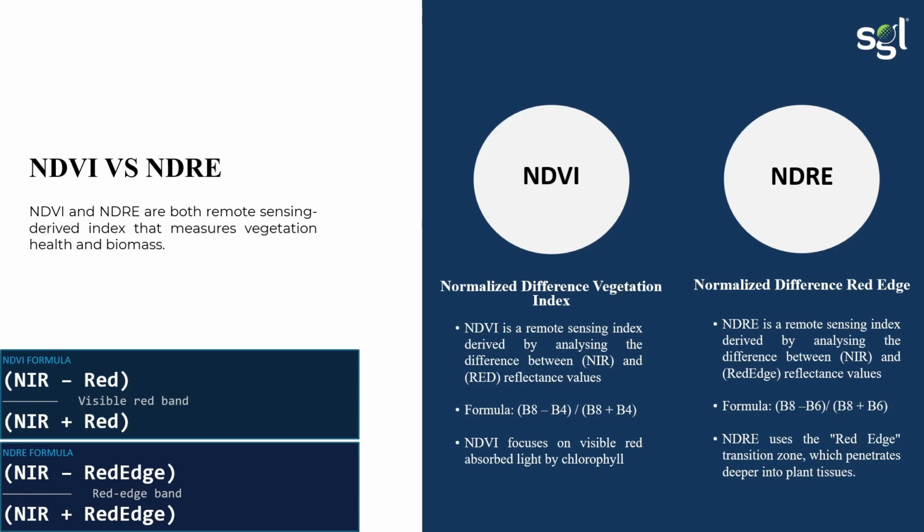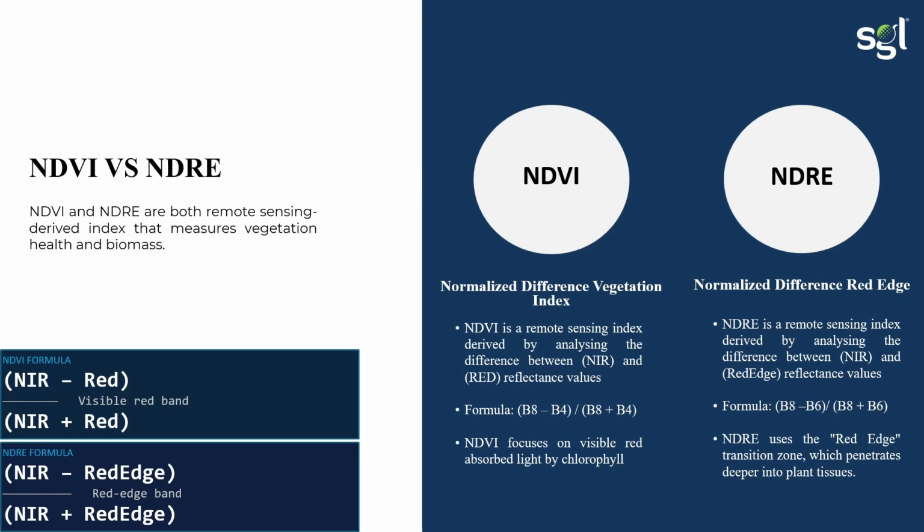So the NDVI is the short form for Normalized Difference Vegetation Index, while the NDRE is the short form for Normalized Difference Red Edge. And these two images are gotten by analyzing your NIR, which is the near infrared band, and your red band. When you analyze the reflectance values of these two bands, the output is an NDVI imagery.